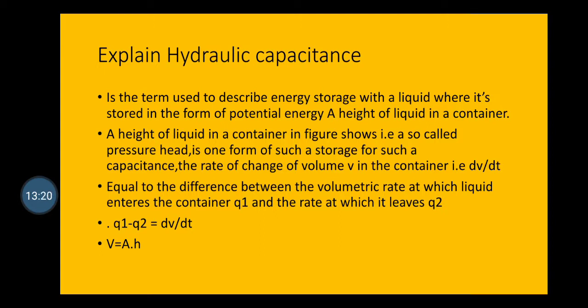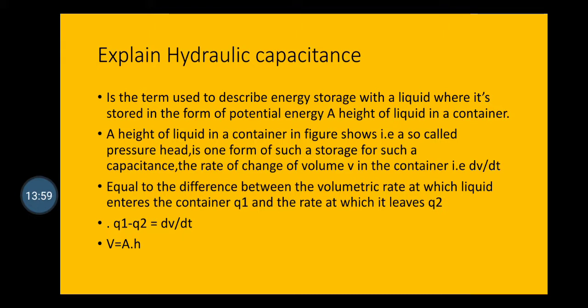For such a capacitance, the rate of change of volume V in the container, that is dV by dt, is equal to the difference between the volumetric rate at which liquid enters the container Q1 and the rate at which it leaves Q2, that is Q1 minus Q2 = dV by dt, where volume V = area into H. A is the cross-sectional area of the container and H is the height of liquid in it, so Q1 minus Q2 = A dh by dt.